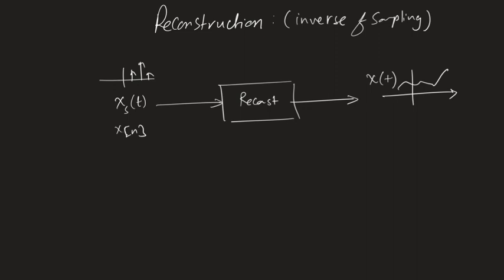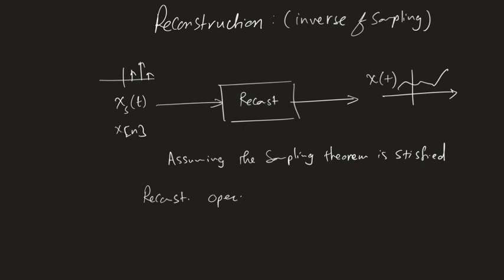That's the reconstruction operation. And we have found from what we discussed a couple of slides ago that this operation can be performed successfully, assuming the sampling theorem is satisfied. Then the reconstruction operation is simply what? What did we notice when we looked at the frequency domain? We had those replicas and we wanted to recover the signal. The reconstruction was simply low pass filtering, right?